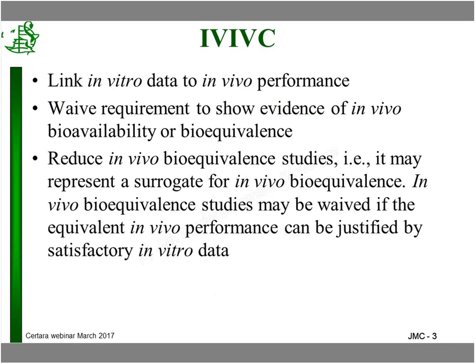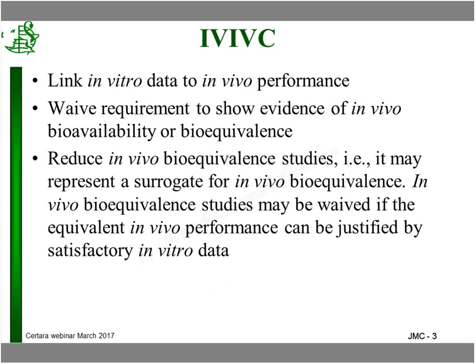So the first thing that we have to keep in mind when we discuss IVIVC is that in vitro in vivo correlation is a link between in vitro data and in vivo performance. And very often the in vivo performance is going to be the pharmacokinetic data set. We are going to use IVIVC to predict in vivo bioavailability or bioequivalence with in vitro data.